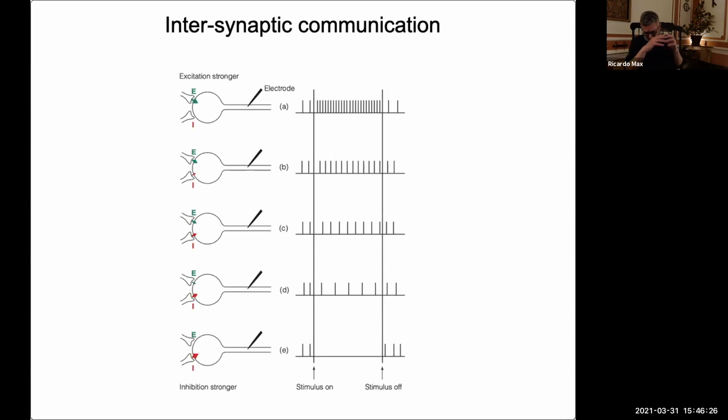Intersynaptic communication, the chemical communication between neurons, can be excitatory or inhibitory.